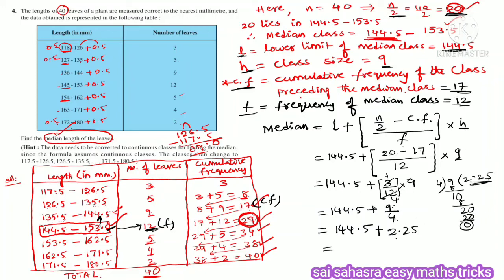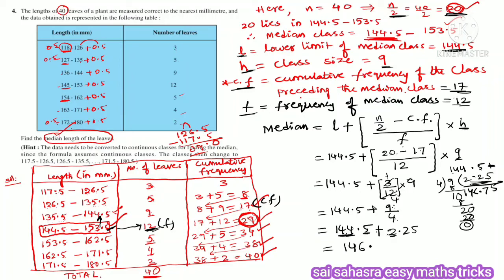Let us add this 144.5 with this. Nothing is there here. This is 5 plus 5, 10, point, 4 plus 2, 6. When you are adding, whole number with whole number, point before the whole number part, point after the decimal part. So 144 plus 2 is 146.